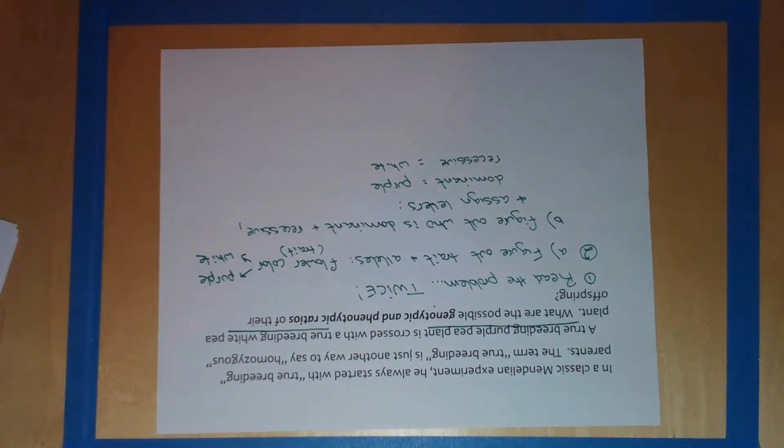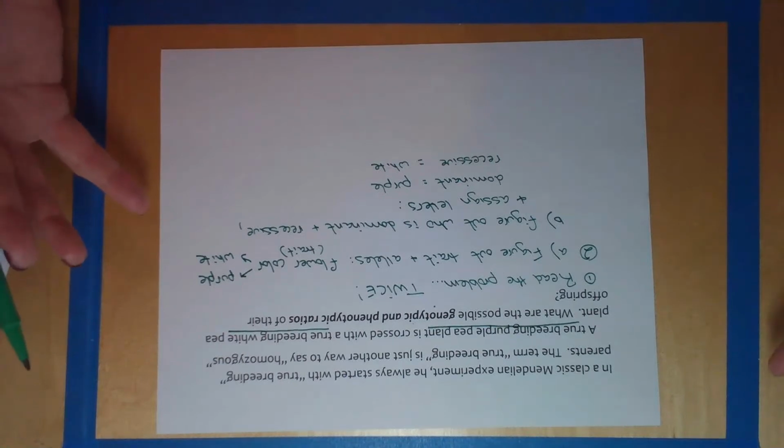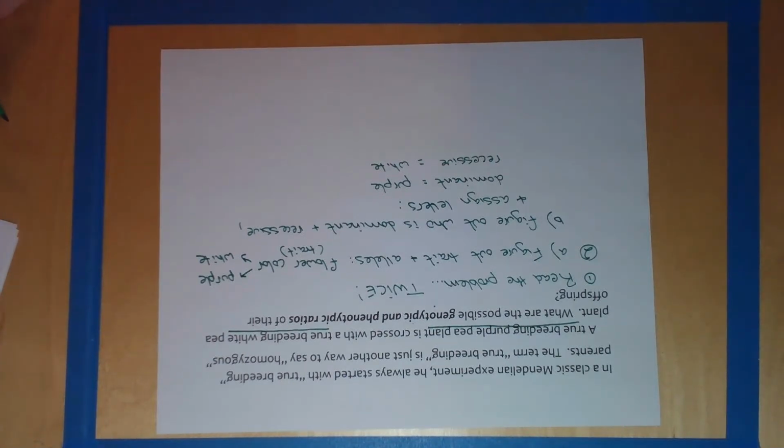It might be as blatant as literally telling you that in the sentence, or it's something you'll have a chart to refer to, and after you do enough of these problems, you'll just remember that in pea plants, purple is the dominant color. In pea plants, for the trait of height, tall is always the dominant allele. So you'll pick these up as we go.